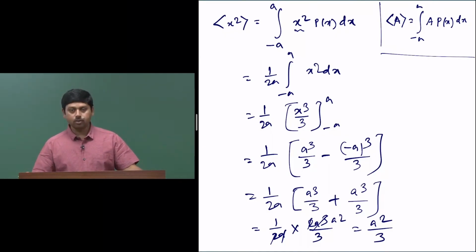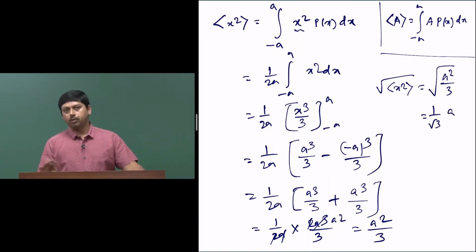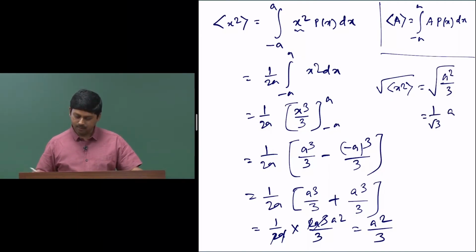The variance is a square by 3, and the standard deviation will be the root of that, which is 1 by root 3 into a. So, it is a little bit less than a when you calculate that average.